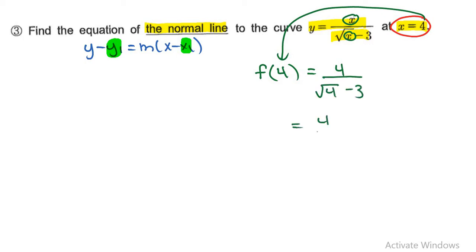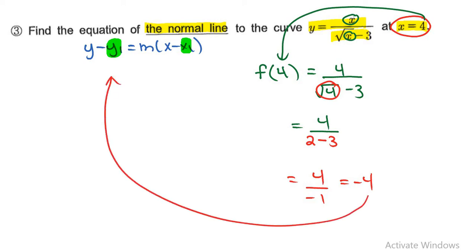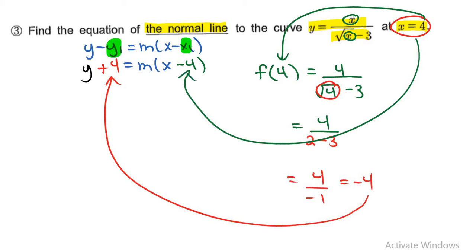And that equals 4 divided by, and root 4 is going to be 2, so 2 minus 3. If I continue evaluating here, this would be 4 divided by negative 1, which equals negative 4. Alright, so negative 4 is my y value there, so this will be y plus 4 equals m times x minus 4, because this x value would come all the way over there.